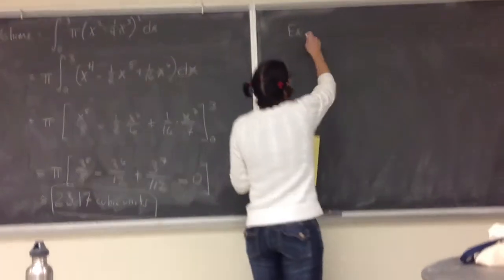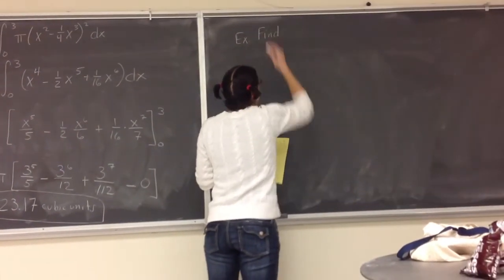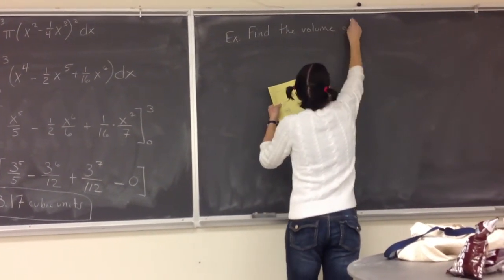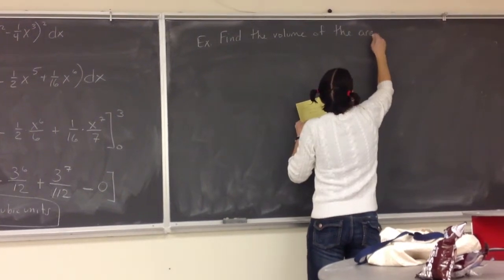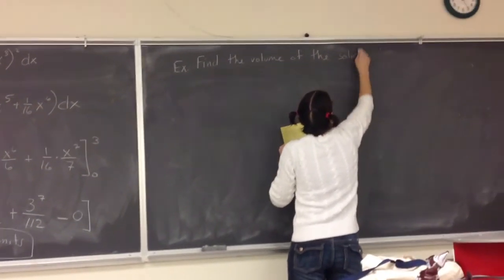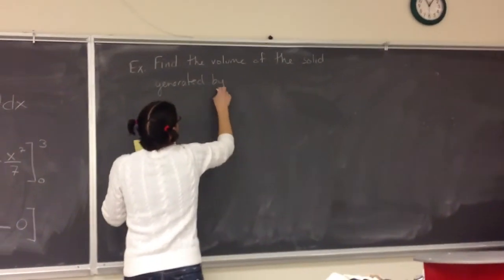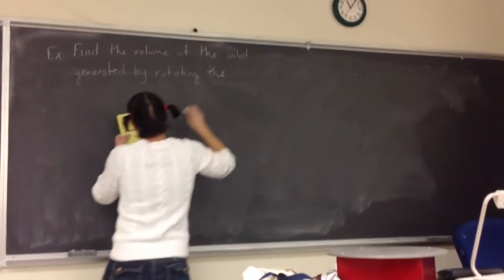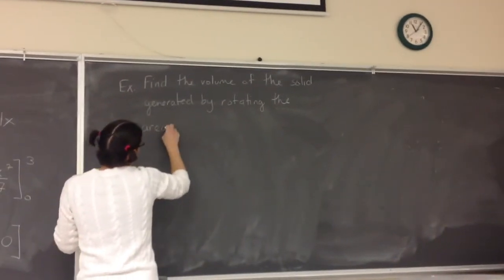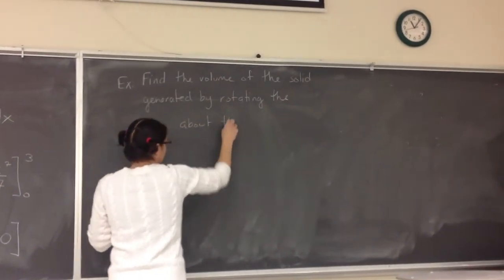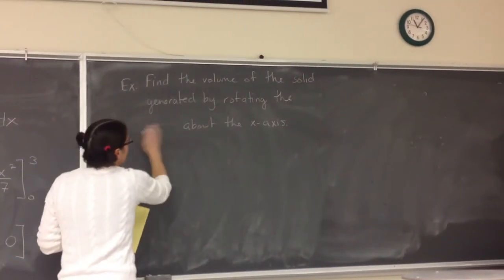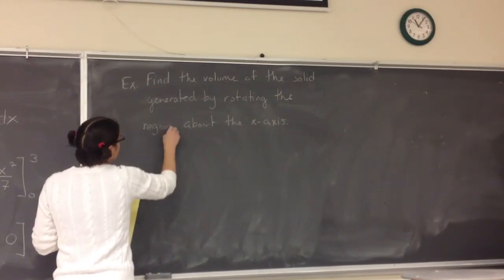Yes. Okay, so let's take a look at a second example. Okay, so we'd like to find the volume of the solid generated by rotating the region about the x-axis.